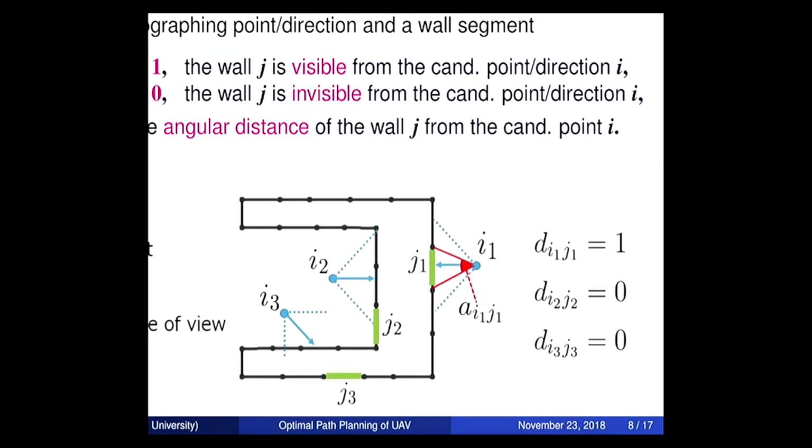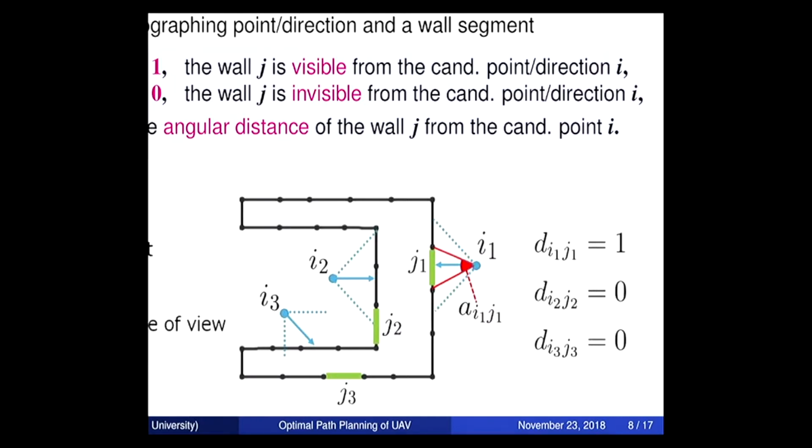Next, I want to consider the relationship between I2 and J2. In this case, there are no obstacles, but the angle of view cannot cover the whole target of J2. Therefore, D_I2J2 is equal to 0. Also, the relationship between I3 and J3.